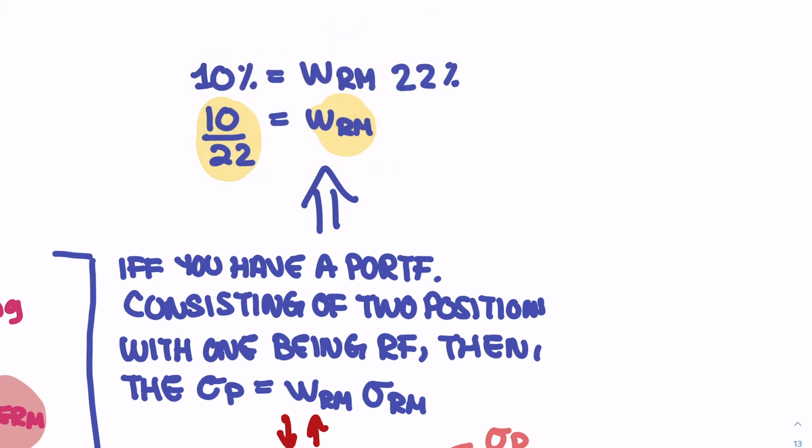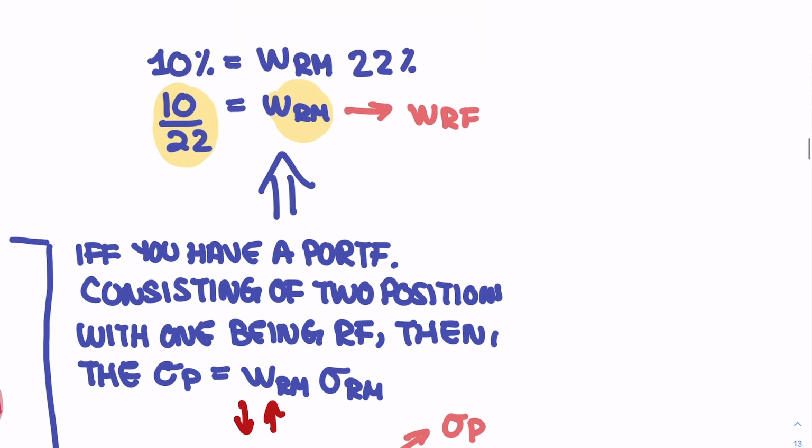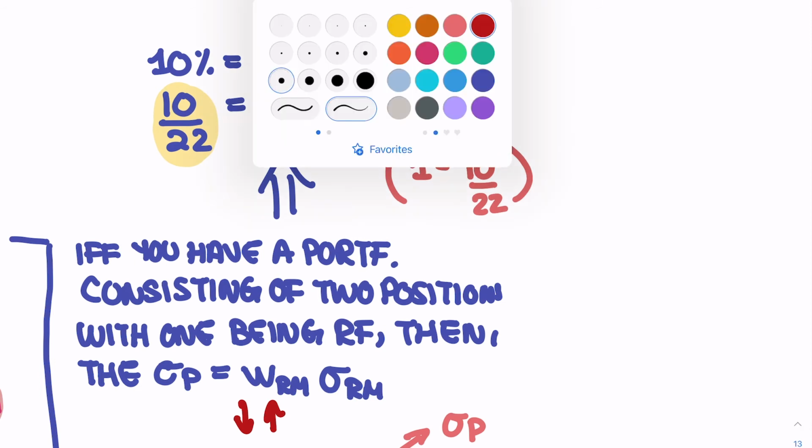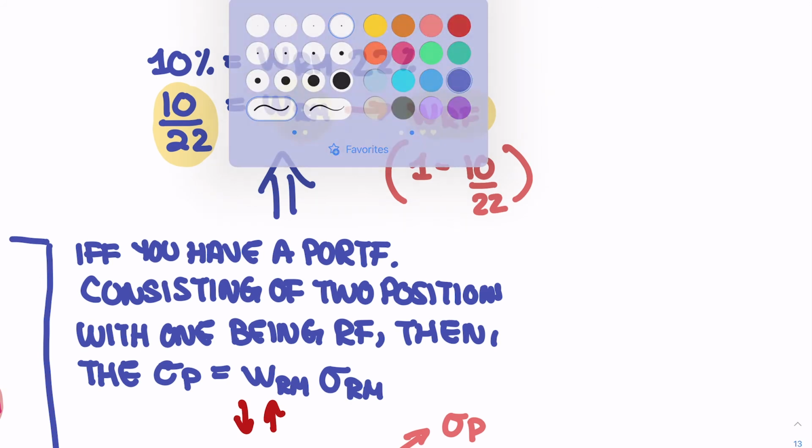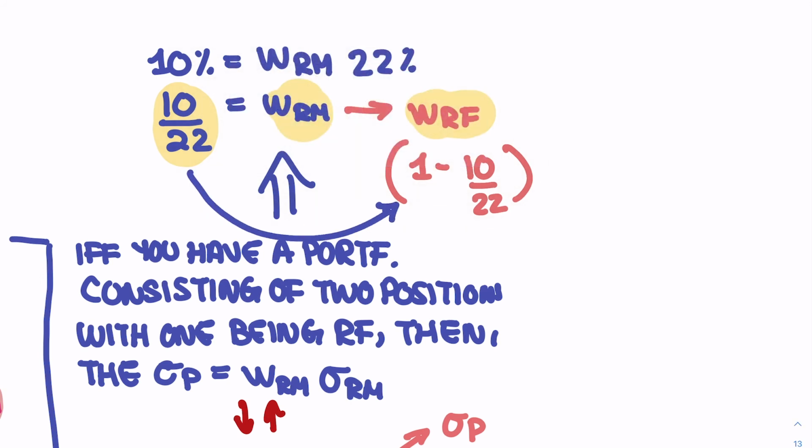Because we know this, we obviously know the weight in RF, because things have to add up to 100%. In this case, the weight in RF would be 1 minus 10/22. Just need to make that brutally clear to you guys. These two things right here are 100% related.